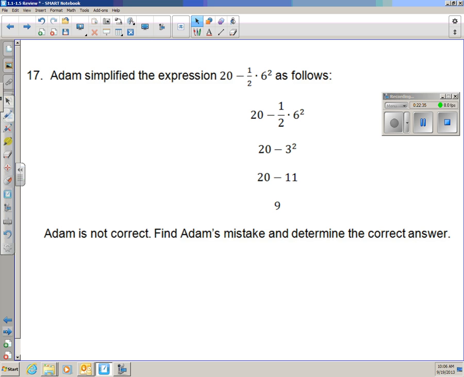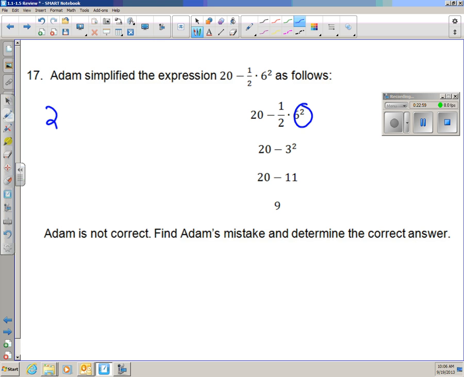Last question on the review sheet is about Adam trying to simplify an expression, so that's what he does. He's not right. We've got to find his mistake and then determine the correct answer. So I'm going to actually just go ahead and work with his problem. So 20 minus 1/2 6 squared basically means I've got to do exponents first.